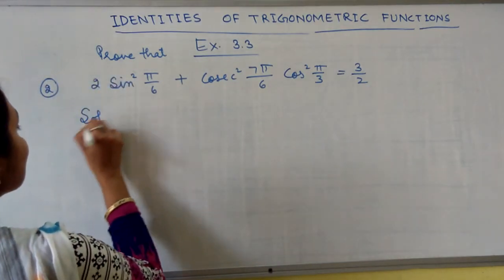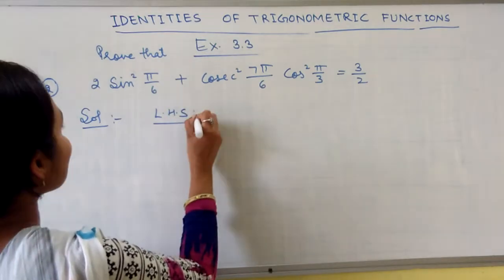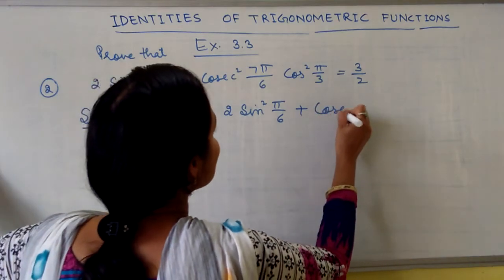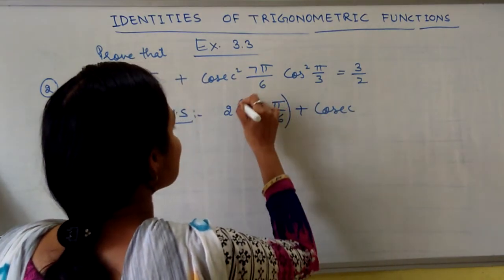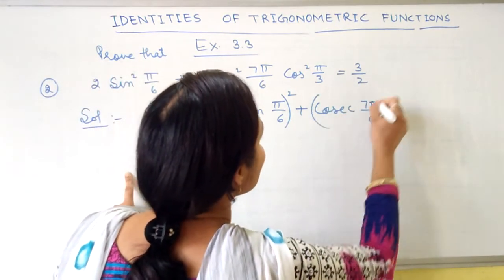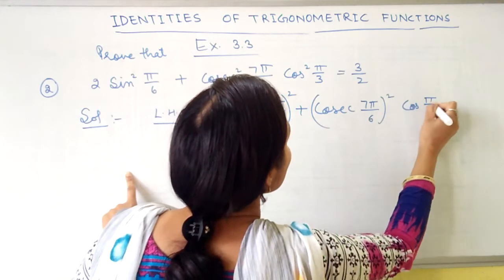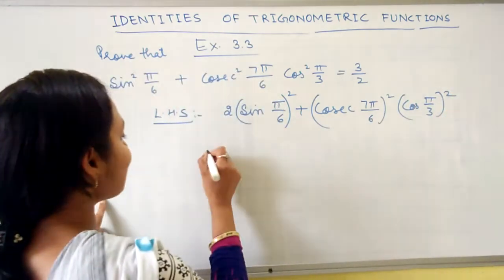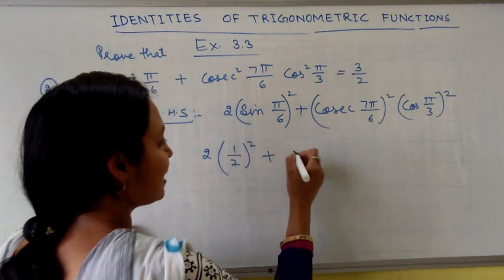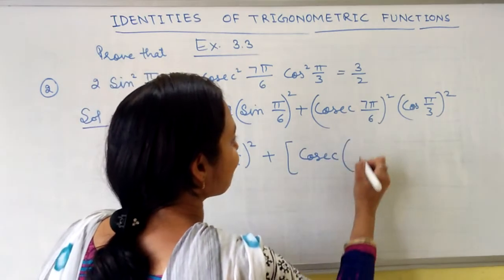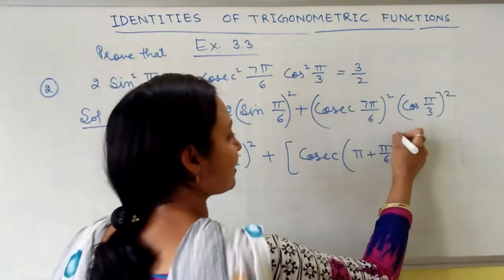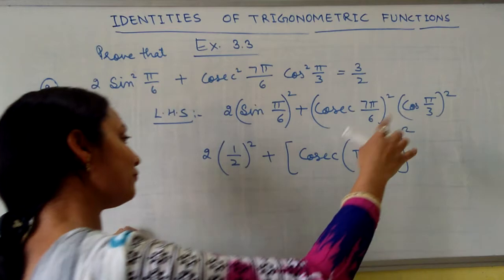Take the solution, take the left hand side. That equals 2 sine square pi by 6 plus cosecant 7 pi by 6 whole square plus cos pi by 3 whole square. This equals 2 into 1 by 2 whole square, since pi by 6 is 30 degree, plus cosecant, which we will write as pi plus pi by 6, that is 7 pi by 6. How can we identify the sign before writing this value?